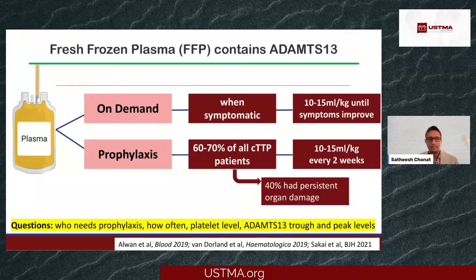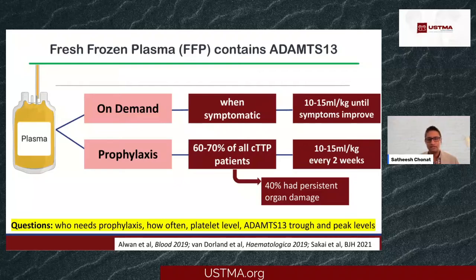As you may know, plasma is the liquid portion of the blood, so it contains ADAMTS13. By infusing a set amount based on body weight, we expect to increase the ADAMTS13 quite quickly. But it's important to note that it will eventually come back down about 5 to 10 days after the infusion is done. So certainly people try to do this as and when needed if they have symptoms.